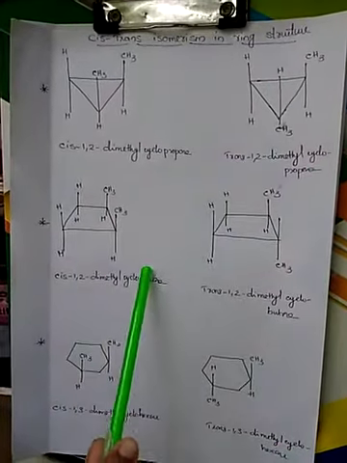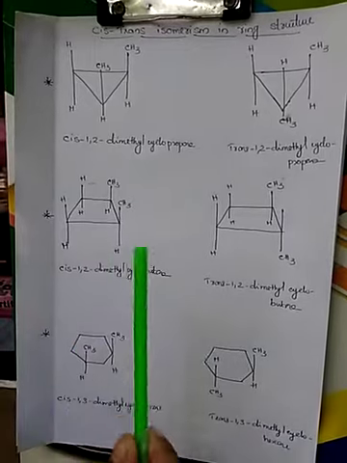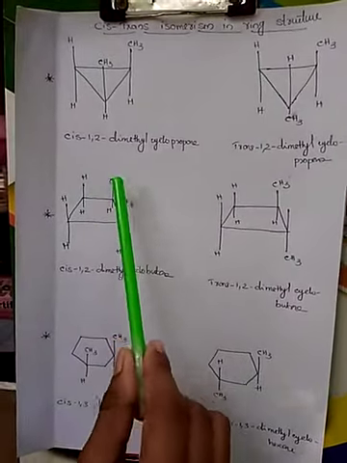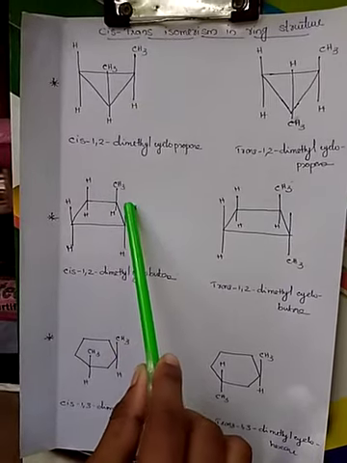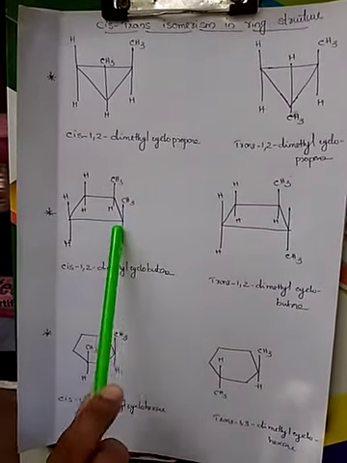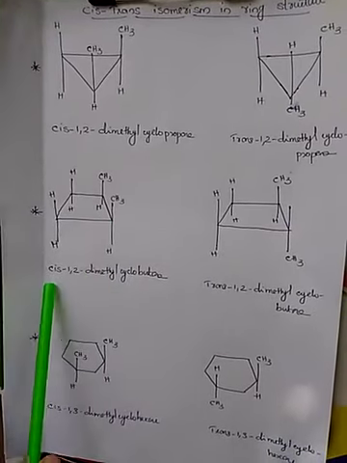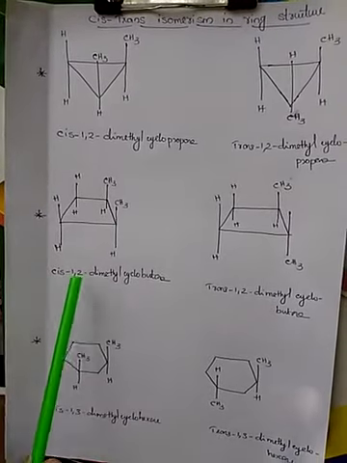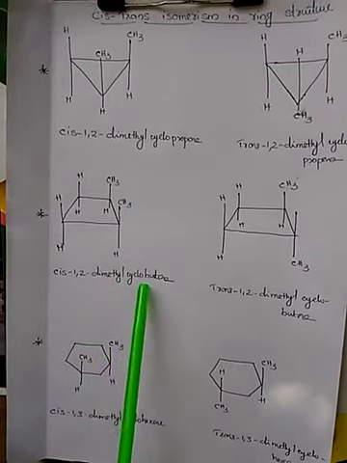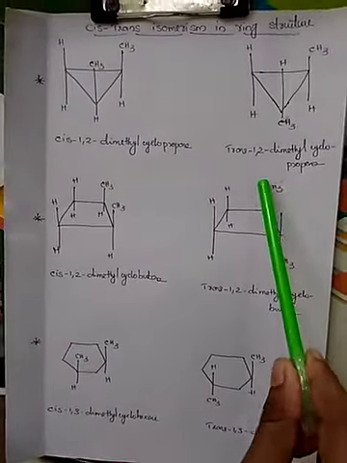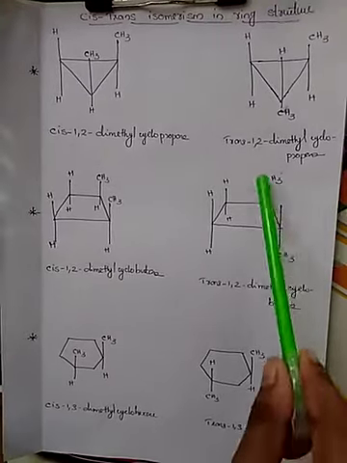Look into another example, cyclobutane. In the same way as cyclopropane, the CH3 groups are situated on the same side of this cyclobutane, and the H atoms too. That is why it is known as cis-1,2-dimethylcyclobutane. Here, the same groups are situated on opposite sides.